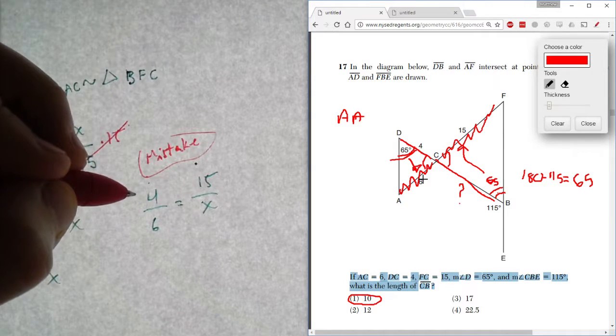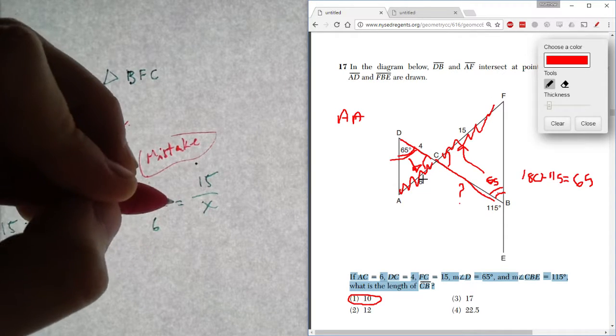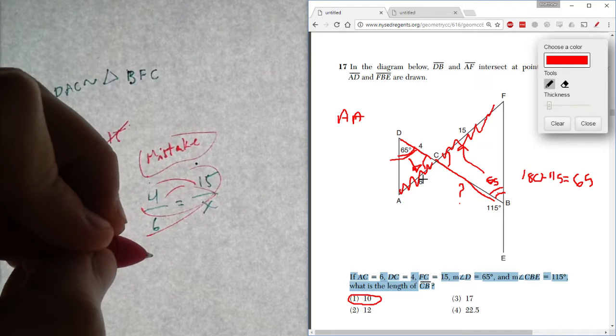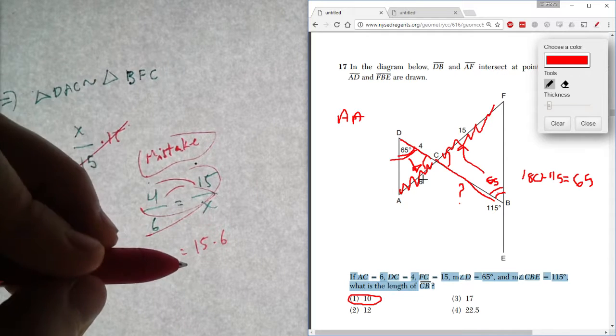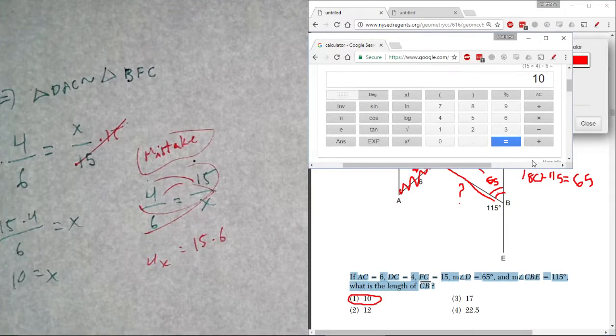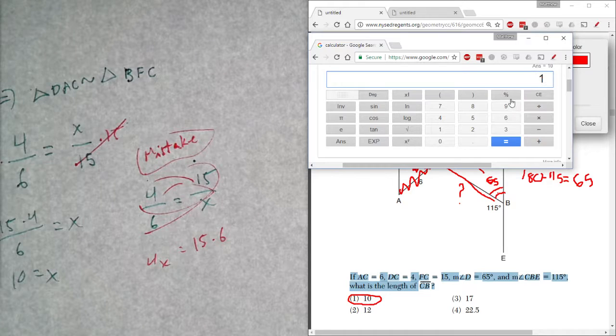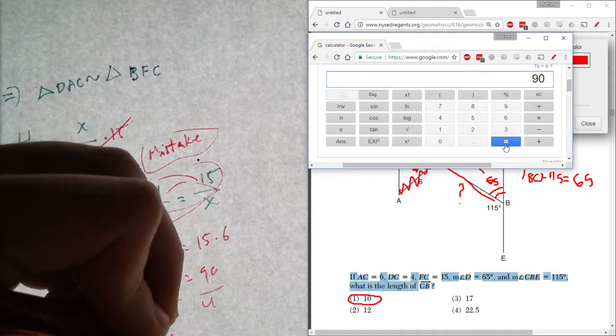If I make this mistake, I will get, well, here I'll just cross multiply for the sake of time, because this is already bonus. 4x equals 15 times 6, which is 90. I want to confirm that. 15 times 6, 90. 4x equals 90, divided by 4, divided by 4.